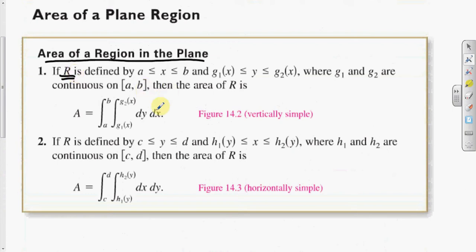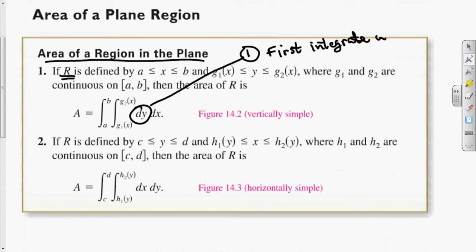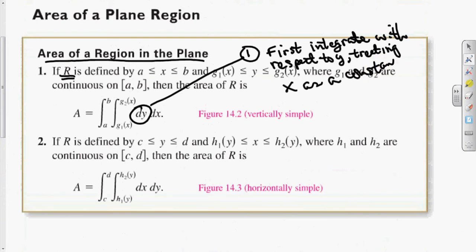So here's what's happening. The first thing, if it's dy dx, you first integrate with respect to y, treating x as a constant or coefficient.